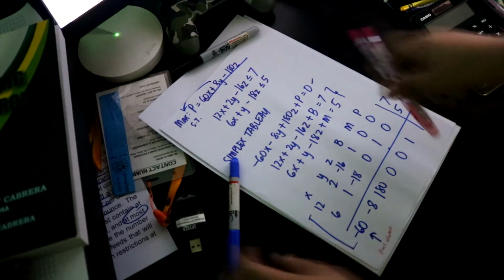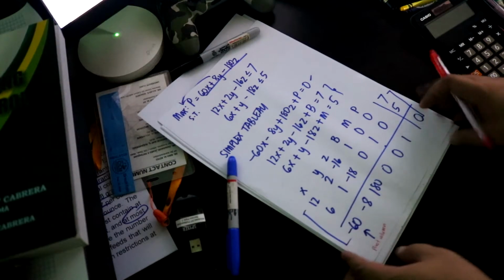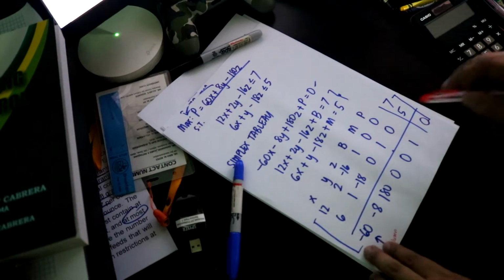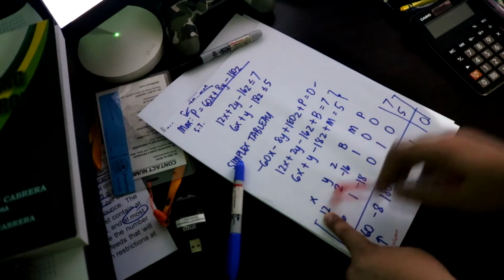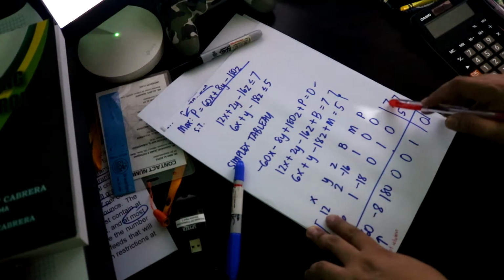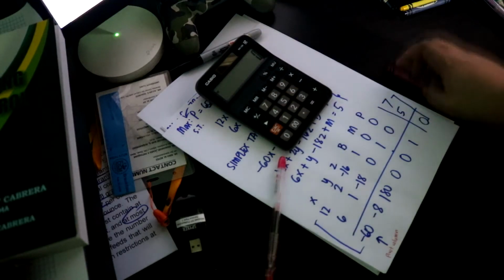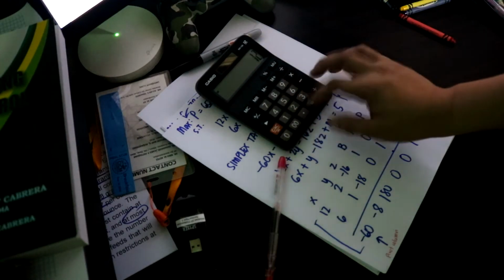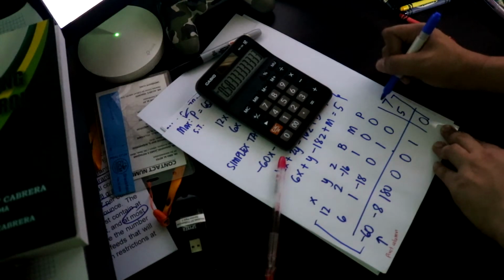And the next thing we're going to do is to find our pivot element, and to do that we have to make some comparisons. We divide this number by the number that corresponds to it in the pivot column. So 7 over 12. Let's just test them. 7 divided by 12 is 0.583.